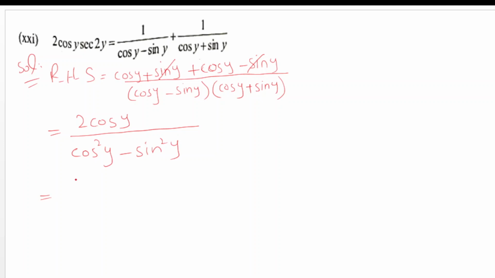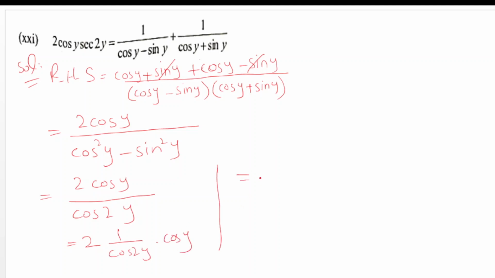So that is 2 cos y over cos 2y. Let me put this 2 here, and then cos 2y and then cos y.